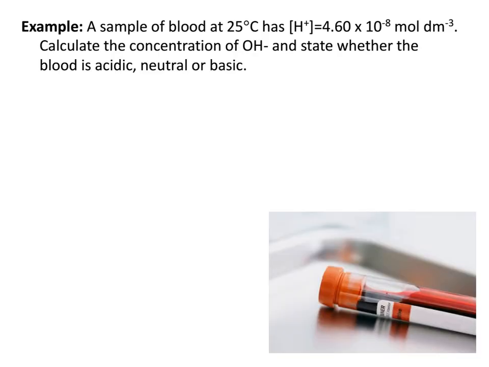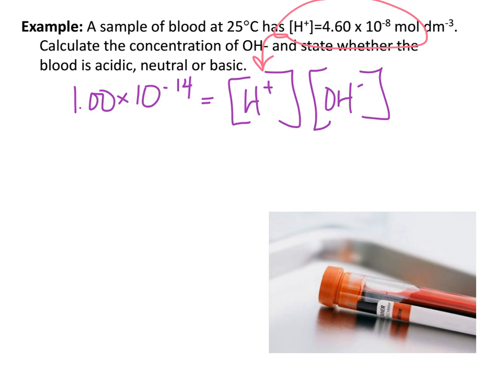Now let's try an example like that. In this example, we're given the hydrogen ion concentration, and then we're asked for the hydroxide ion concentration, and then a determination of whether it's acidic, neutral, or basic. So I want to calculate hydroxide and then compare the two concentrations.